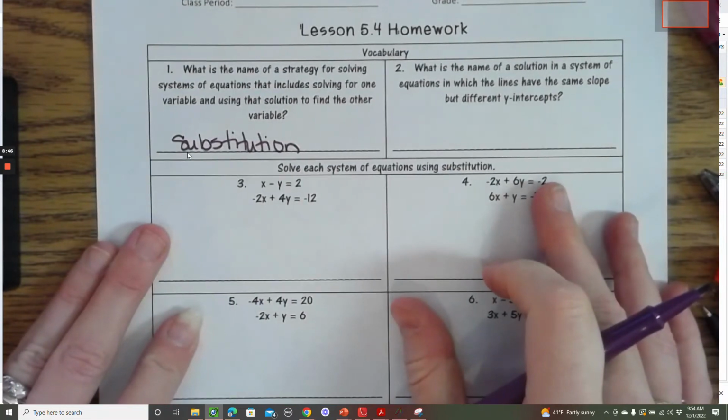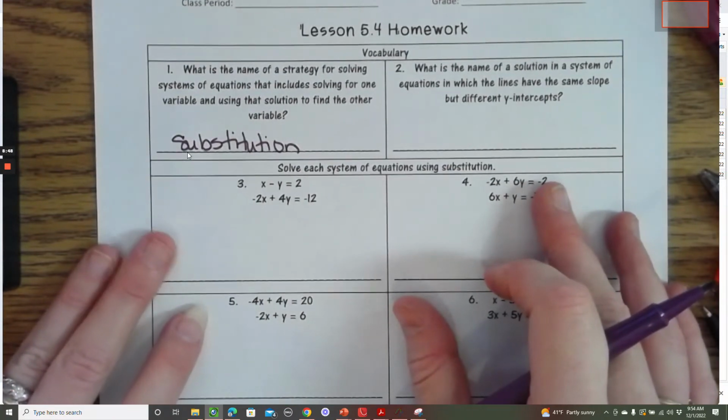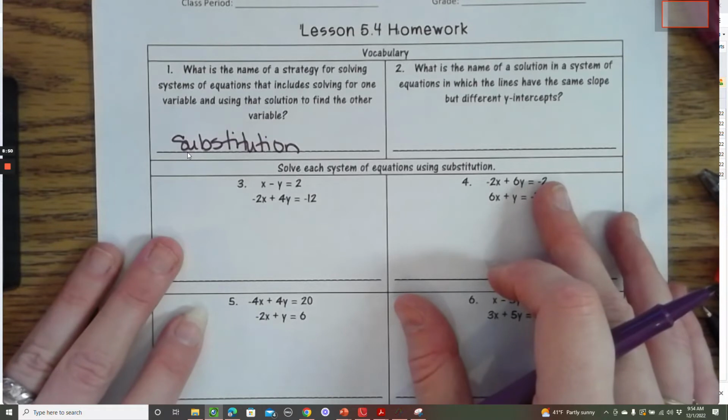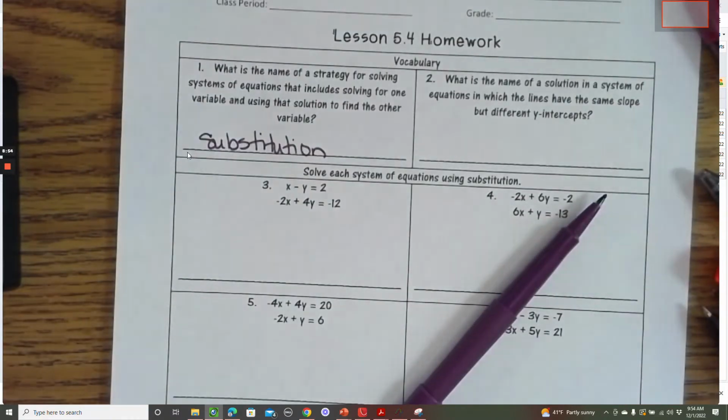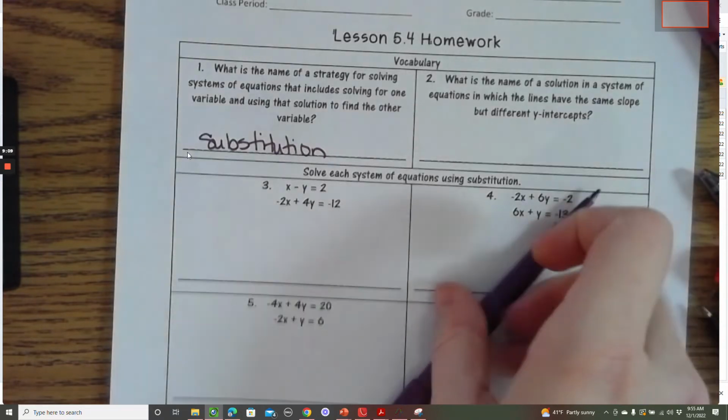And then number 2, what is the name of a solution in a system of equations in which the lines have the same slope but different y-intercepts? So the slope is the same, but the y-intercept's different. What kind of solution is that? If the lines look like this, if they're parallel, what's the solution? No solution.